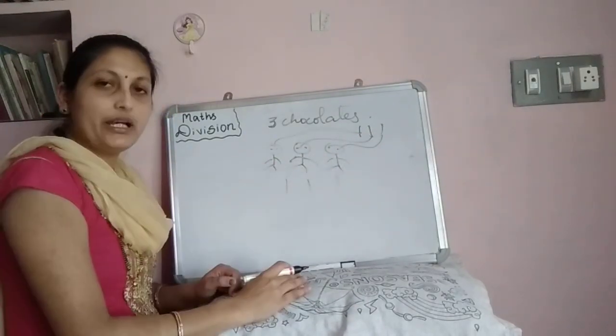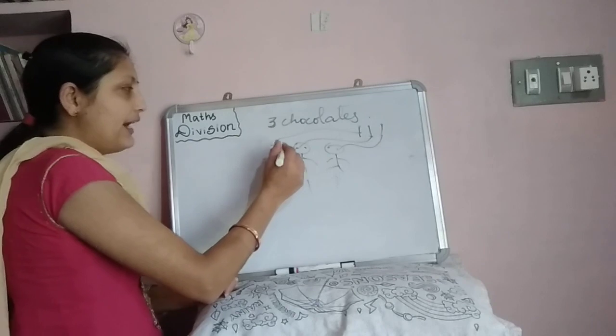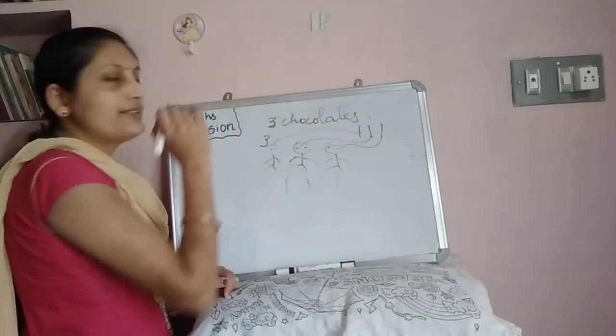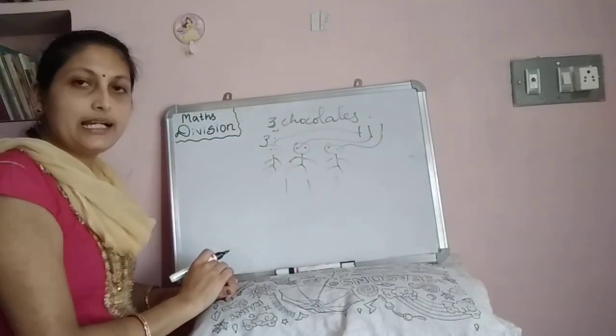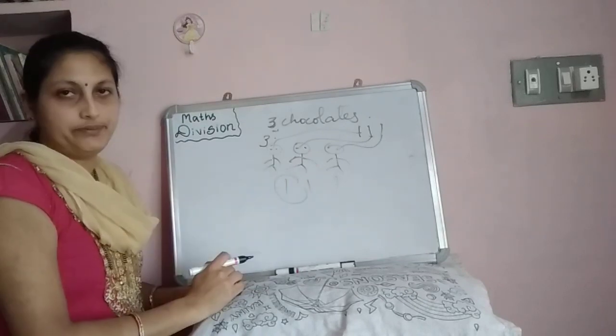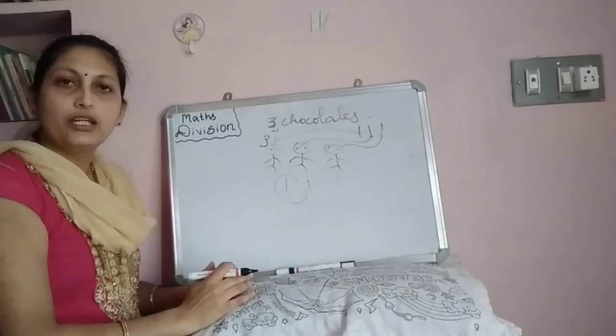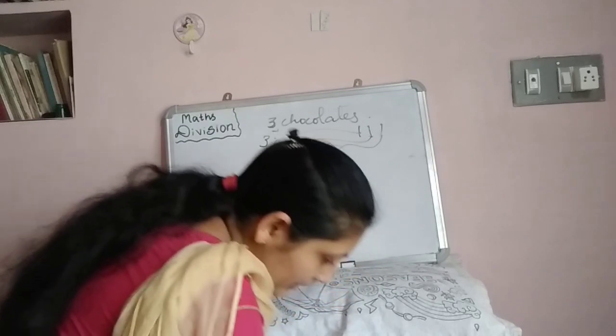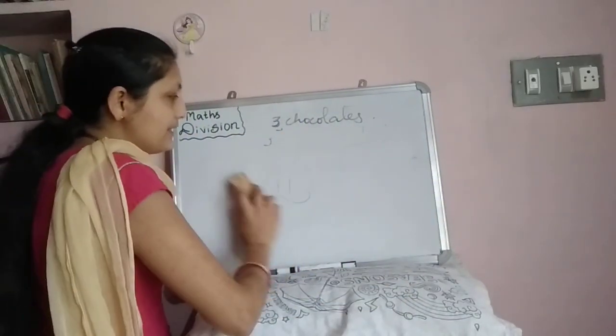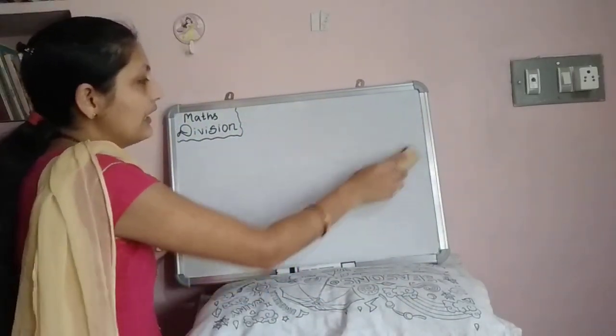Each gets 1. This means when you divide a number by the number itself, the answer will be 1. Got it? So, when a number is divided by the number itself, 1 will be the answer.